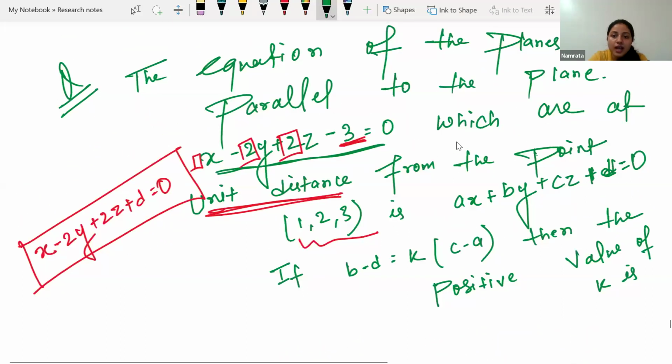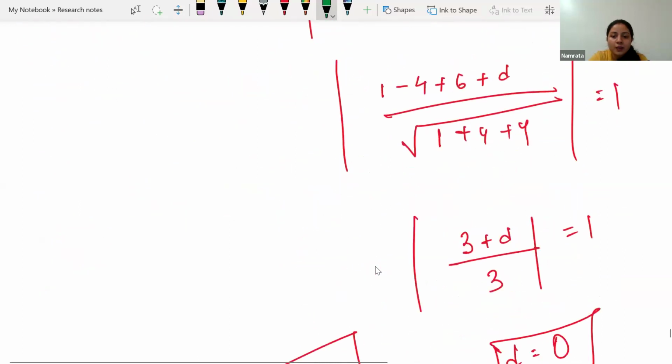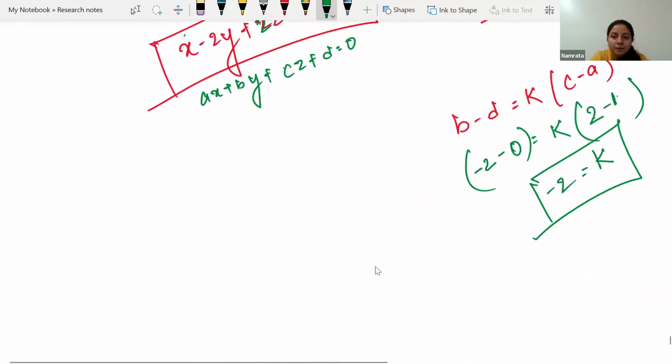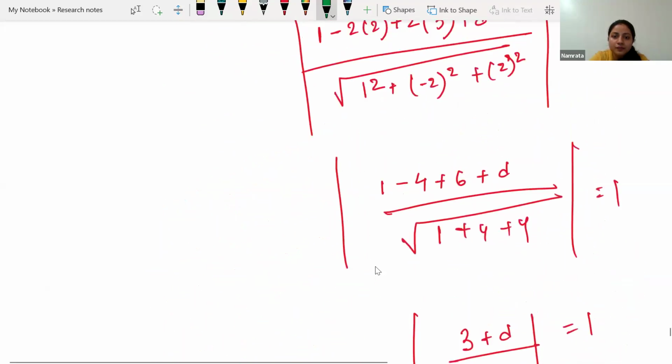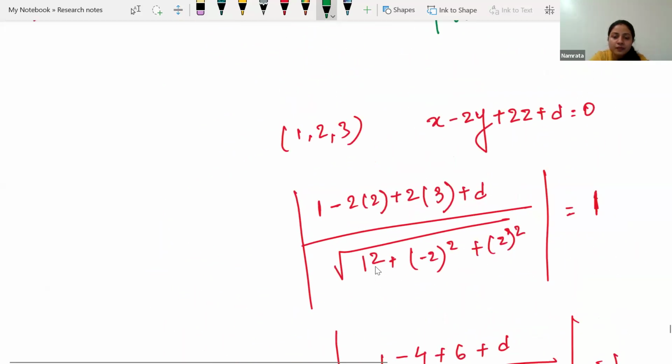Now this plane is at unit distance from this point, so we have applied the distance formula. That's it, we were able to find d. We got our equation of the plane. Now we just have to do this calculation. Okay. Is it clear? Yes or no?